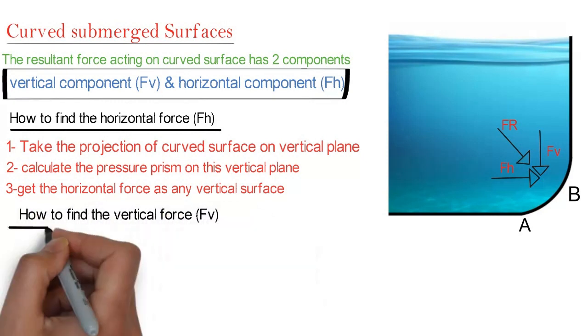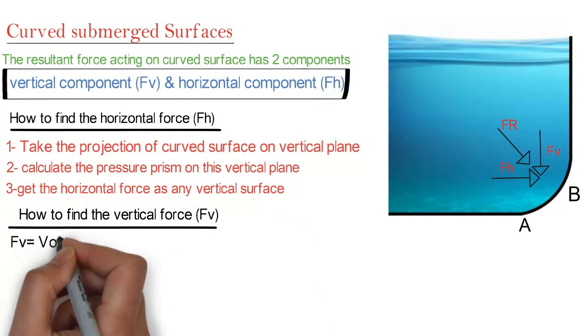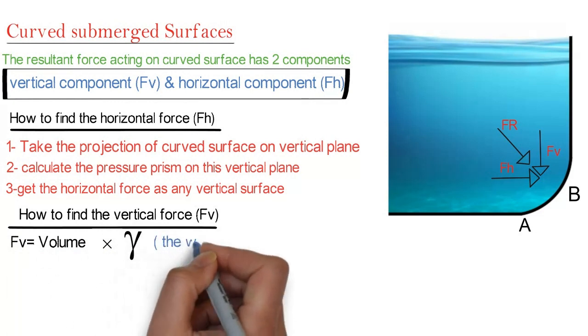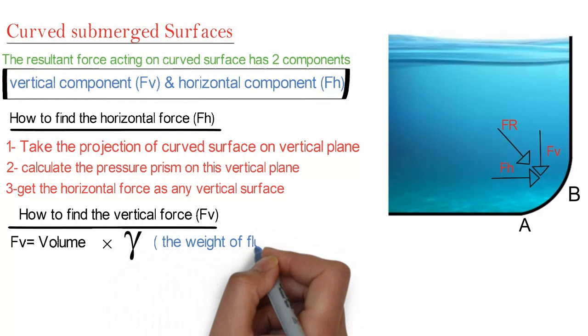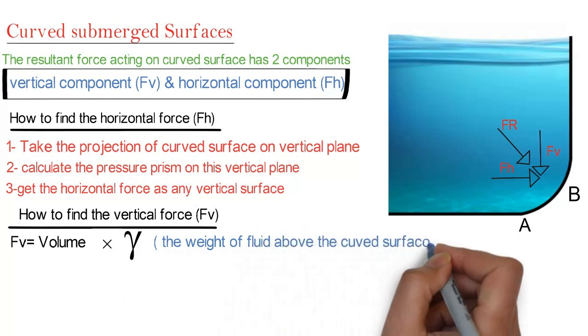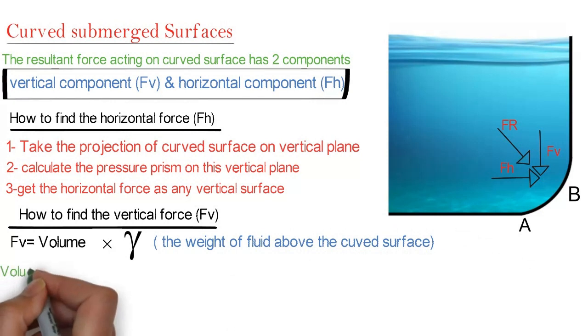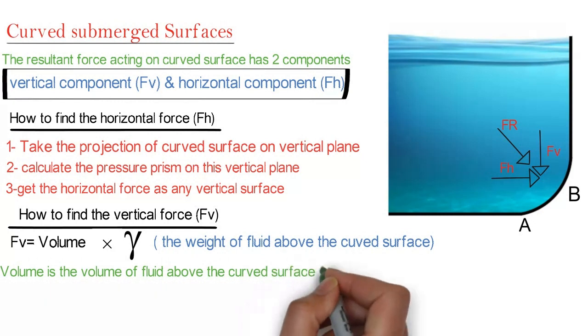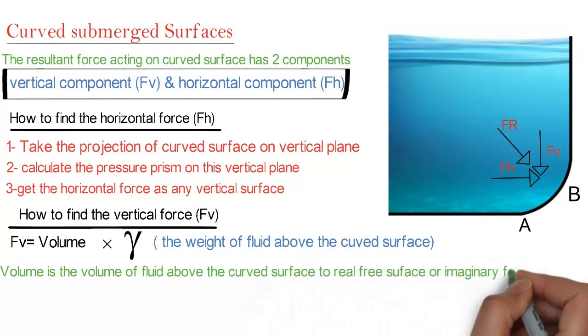Then you have to find the vertical force. It's easy, it's just the weight of the fluid above the submerged surface. The vertical force equals V times gamma, which is the specific weight of the fluid, and V is the volume of the fluid above this curved surface, up to the real free surface or imaginary free surface.